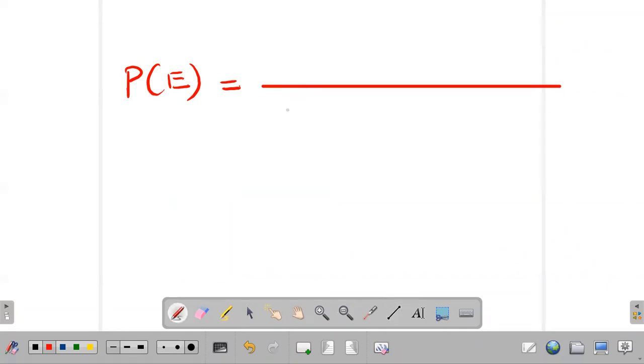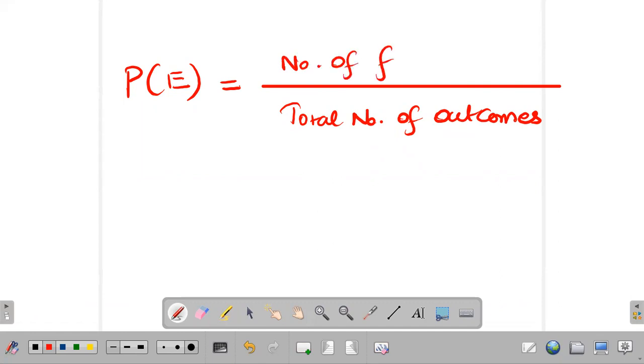In the denominator, it will be the total number of outcomes, and in the numerator, the number of favorable outcomes. So the probability that an event E happens is given by this equation: number of favorable outcomes divided by total number of outcomes.